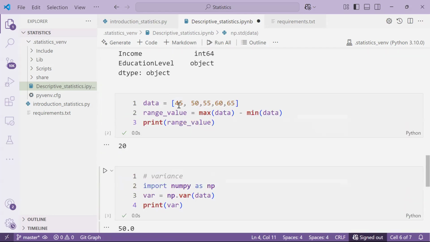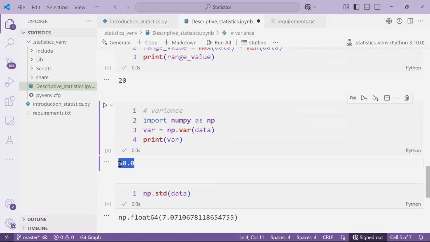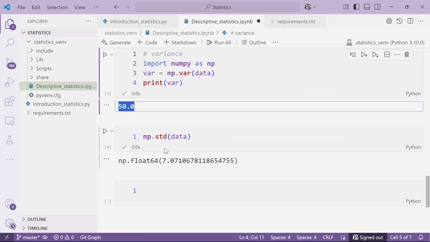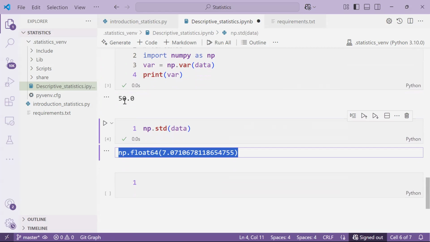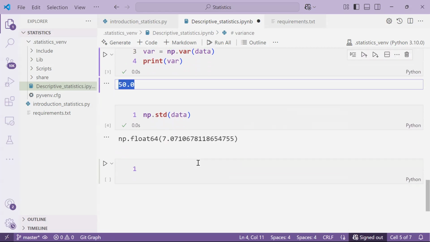Your data is 45, 50, 55, 60, and 65, and the spread is a difference of five. But because of the variance, we get a huge number. That's the reason we use the standard deviation, which takes the square root of the variance, and that's how we get this data.